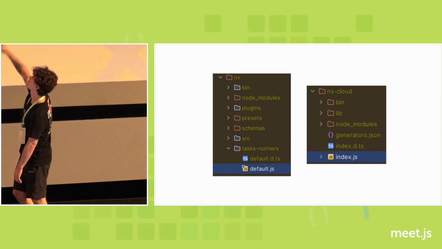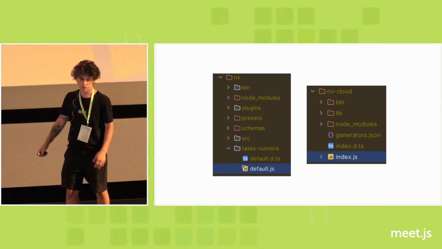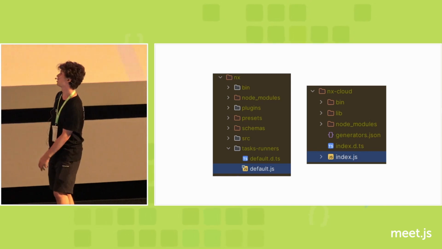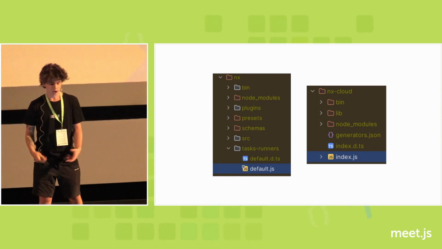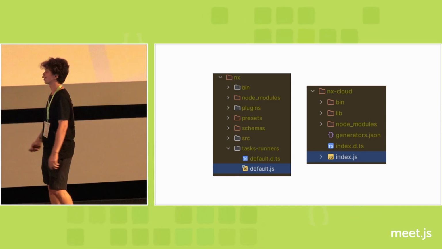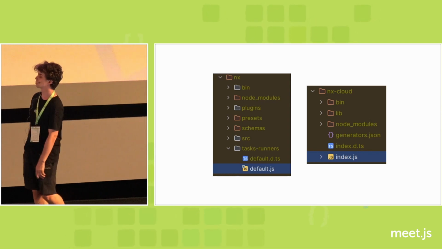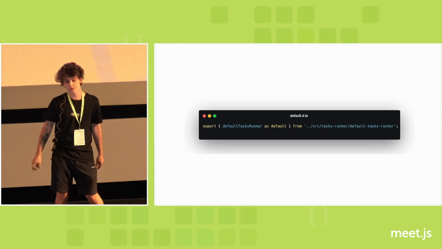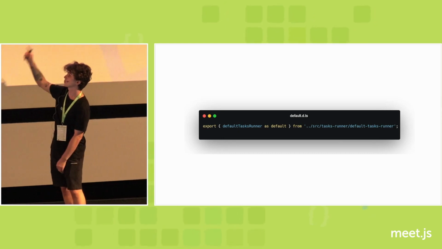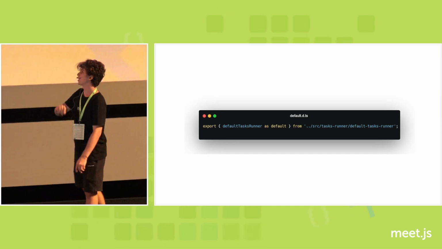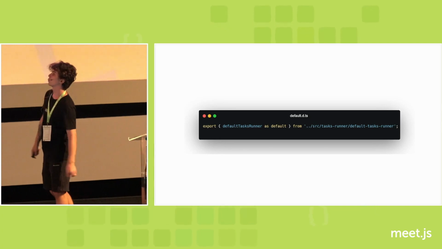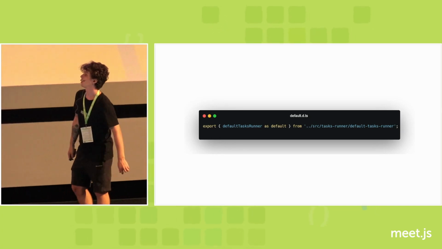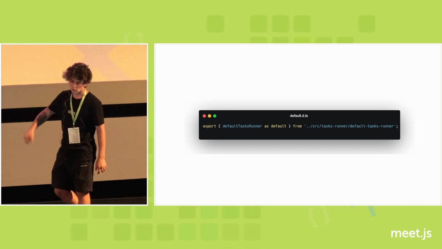Also for nx-cloud, it is nx-cloud/index.js. For those who don't know, in JavaScript you don't need to specify index.js, it's just nx-cloud. So yeah, we found our checkpoint. And if we go forward to the default.d.ts file, we will have a one-line file with the exported default task runner as a default. So we can go forward.